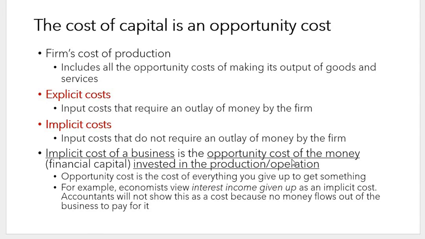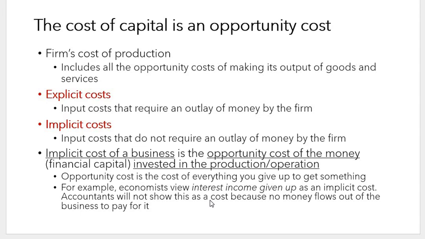For example, when the owners of a firm invest money in the production or operation, there is an opportunity cost of that investment. If the owners invested that money in the financial market, they could earn interest, or even a high return, though probably with high risks as well.